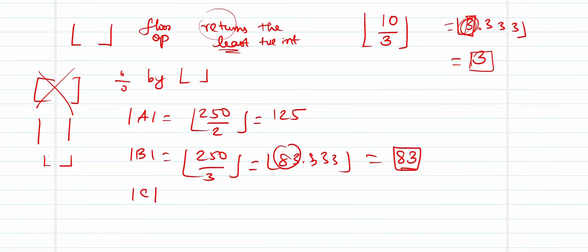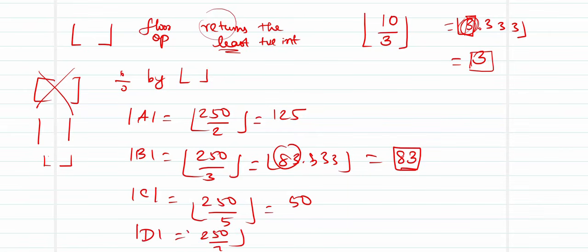Now cardinality of C, 250 divided by 5. How many of the integers between 1 to 250 are divisible by 5 exactly? This is exactly divisible, so you have the answer to be 50. And D is 250 by 7, the number of elements divisible by 7.